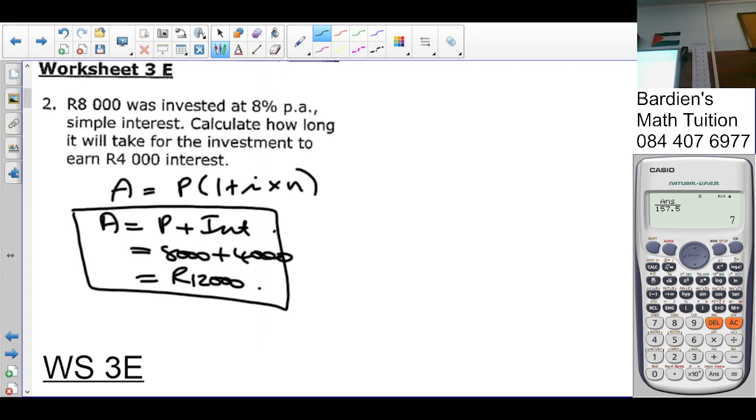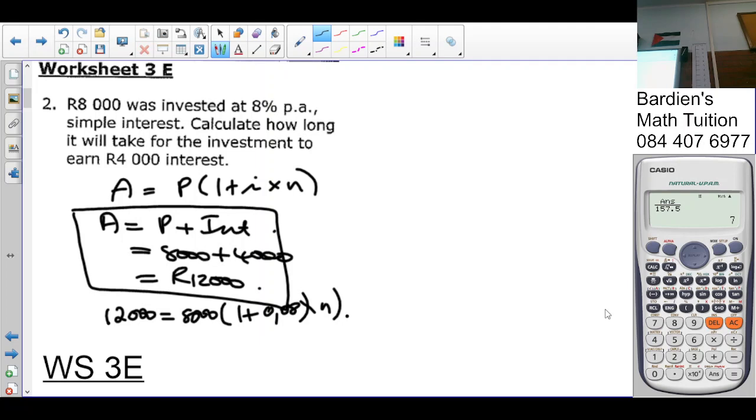So using the formula, it's going to be 12,000 rand equals P, which is 8,000, into 1 plus I, which is 8%, so 0.08, times N. Alright, so what do I do in pursuit of calculating it?